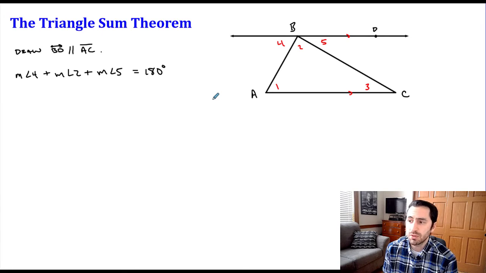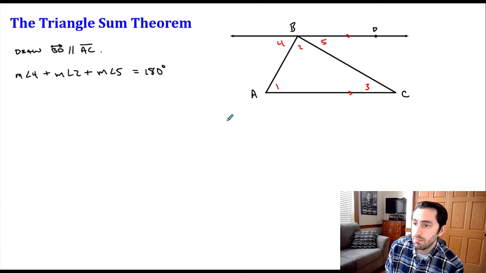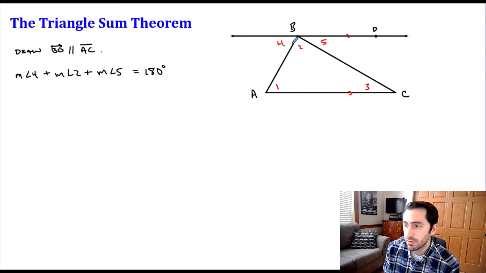So we're going to have to do some substitution. Now, we set up line BD to be parallel on purpose because we need to use that. Because we have parallel lines, my segments AB and BC are transversals. With two parallel lines cut by a transversal, we have some angle relationships that we can use.